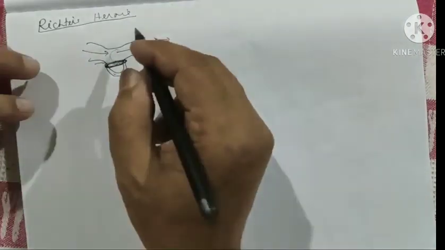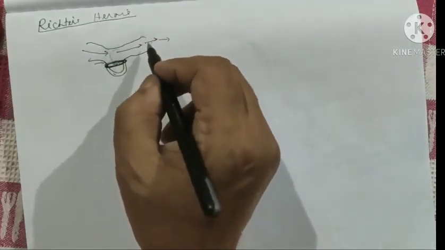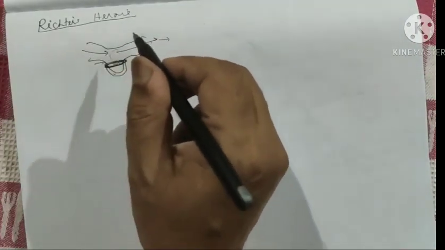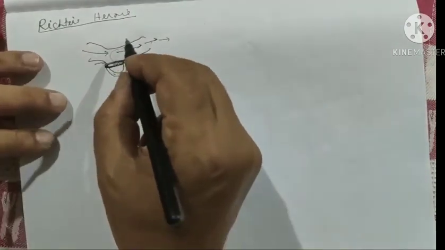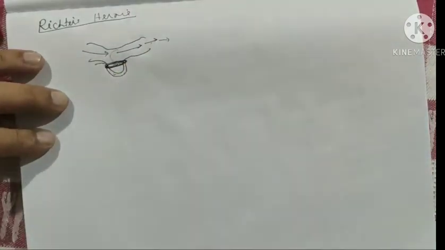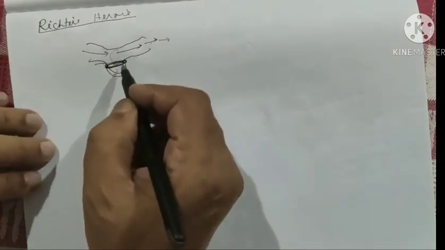So these patients are usually delayed in diagnosis and in treatment. That's why most of the patients are diagnosed perioperatively if they present with peritonitis. So this is known as Richter's hernia.